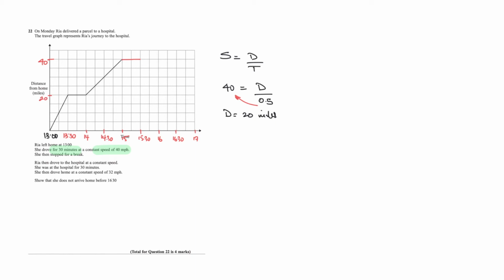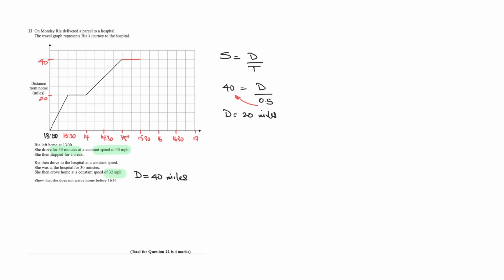Now, if she drove home at 32 miles per hour, what information have I been given here? So I have got the speed, and believe it or not, I know the distance, because the distance is 40 miles, because the hospital is 40 miles away from home. We can see that that is up there. So what do I need to work out? I need the time.